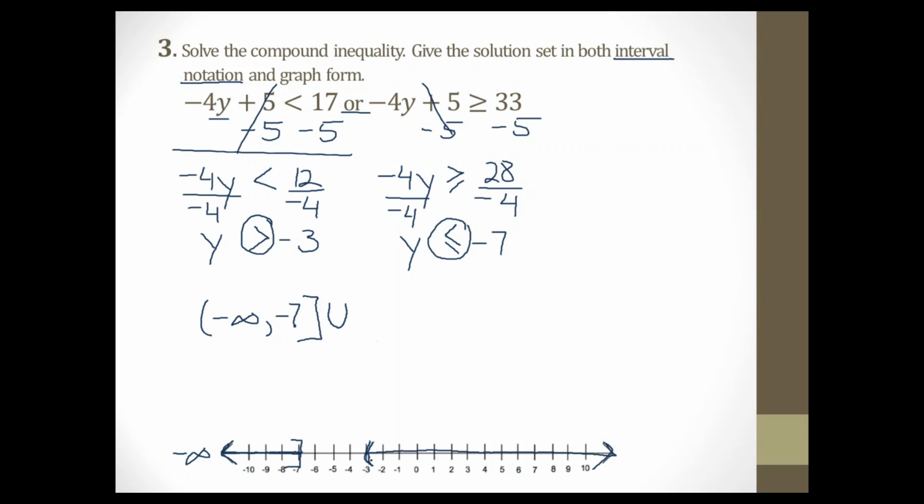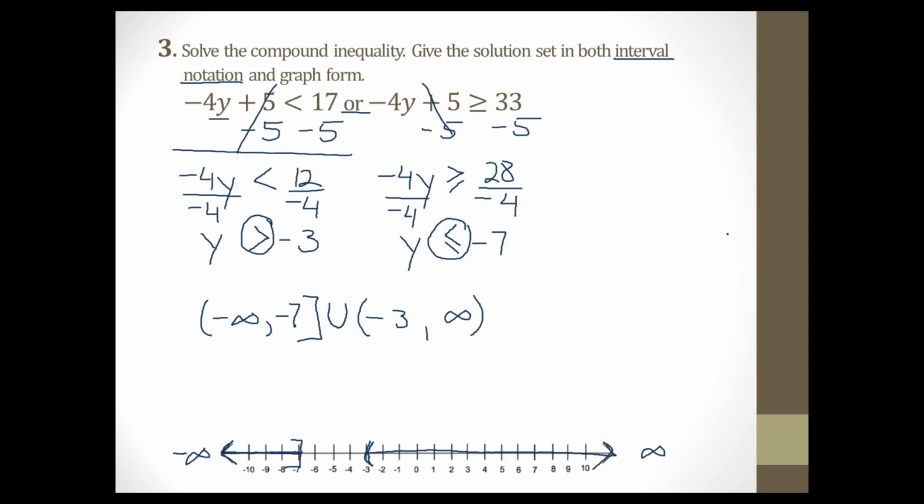And then the shading starts again at -3, and in this case I have a parenthesis because of the sign, and then the shading ends at positive infinity, and again positive infinity gets a parenthesis. So this is my solution written in interval notation and also in graph form.